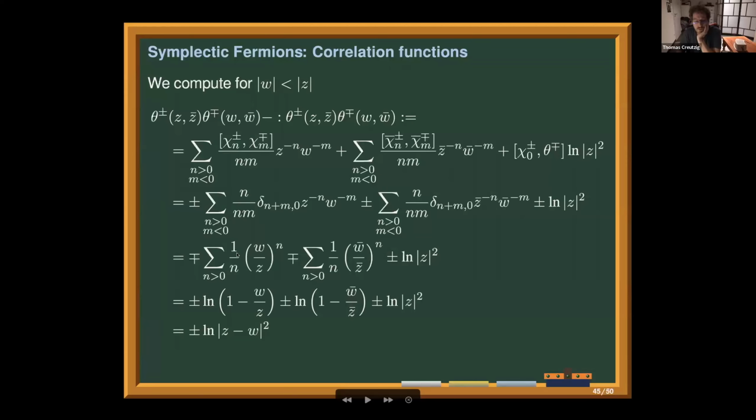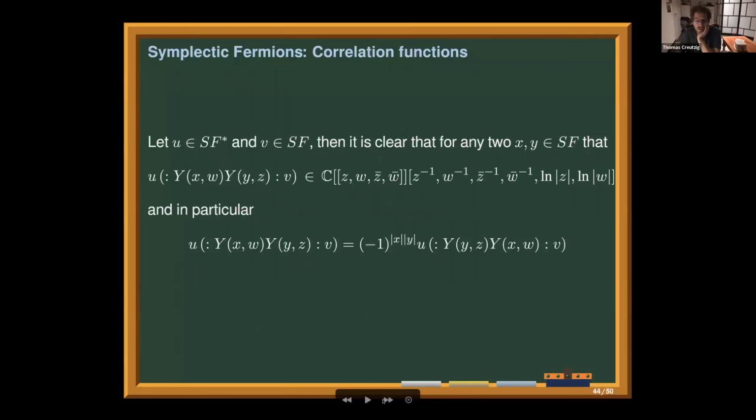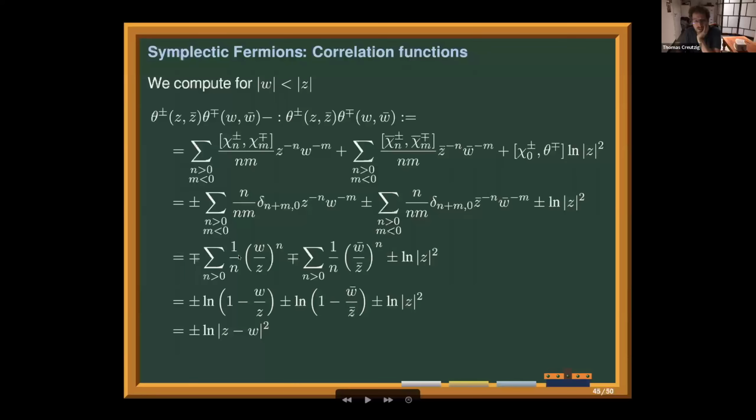So the point is this expression is nothing but the expansion of the logarithm of 1 minus w over z in the domain where w over z is less than 1, which we require here. And similar for the barred quantities in this one.